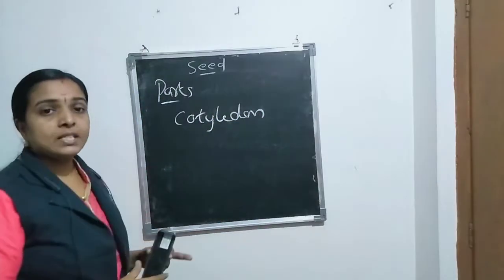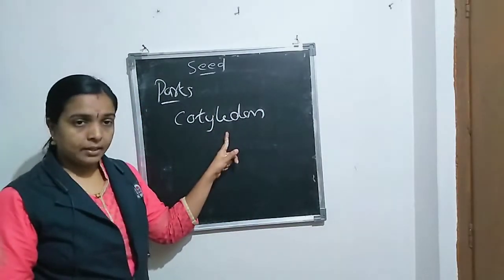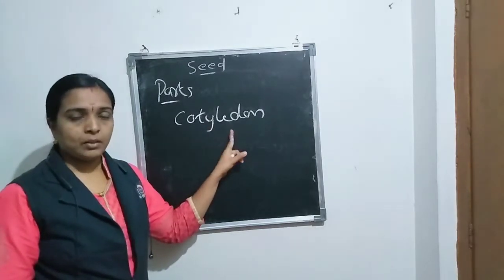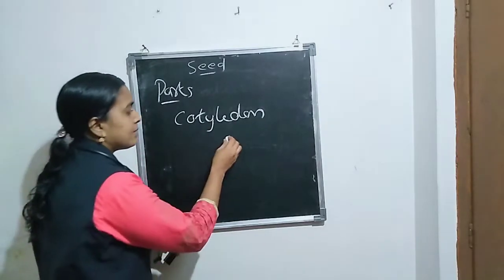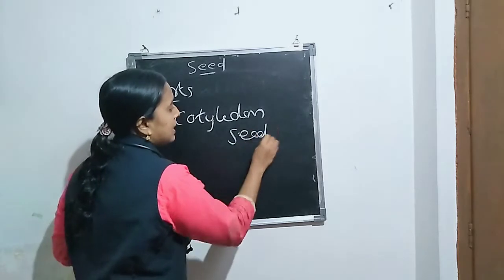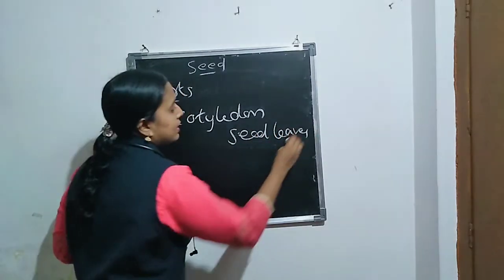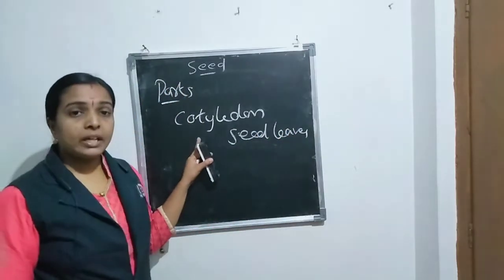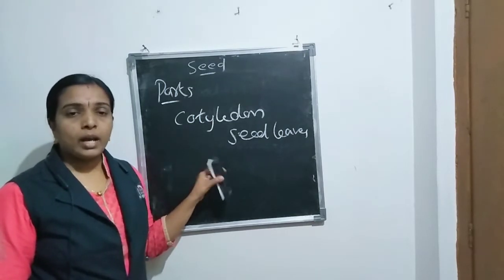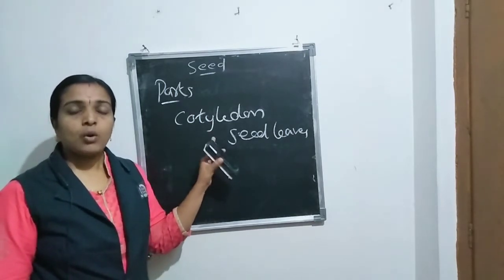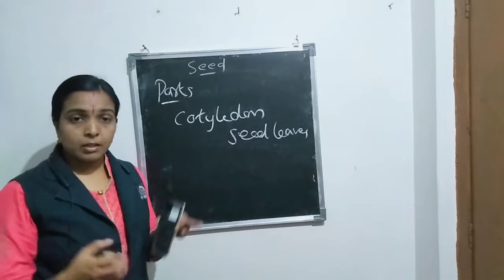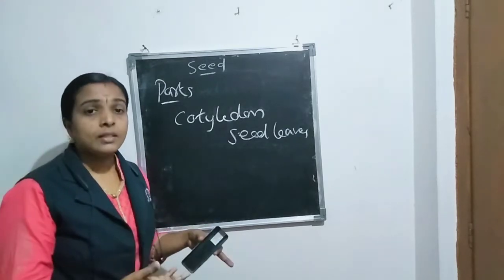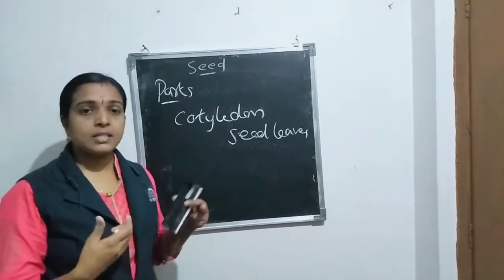Next part of the seed is known as cotyledon. What are cotyledons? They are the seed leaves. Actually, cotyledons store food and provide nutrients. Cotyledons store reserve food materials for the embryo or the seedlings.